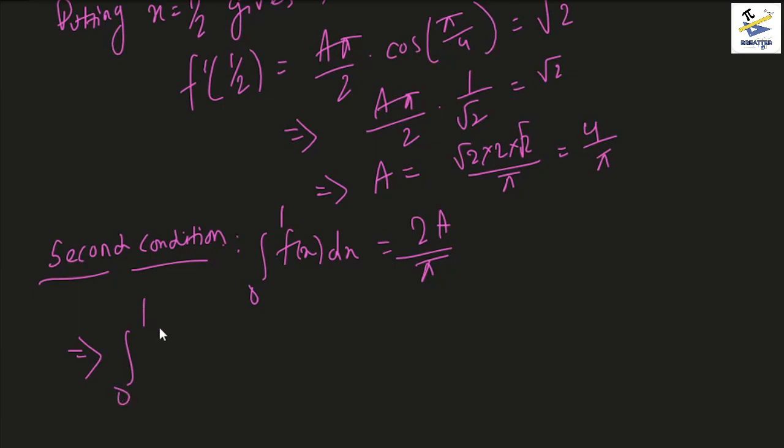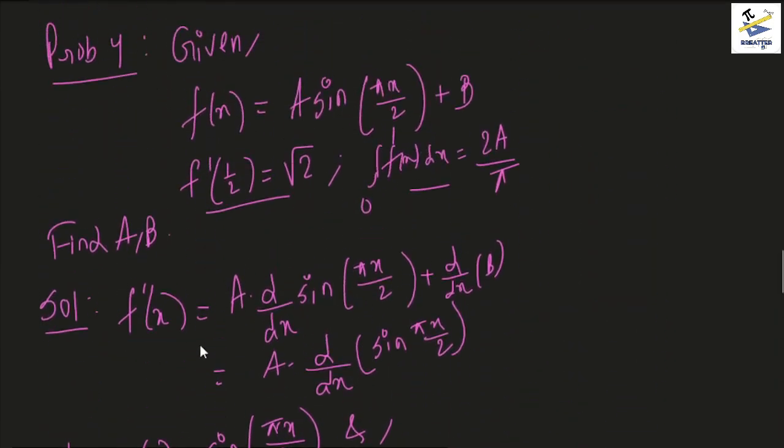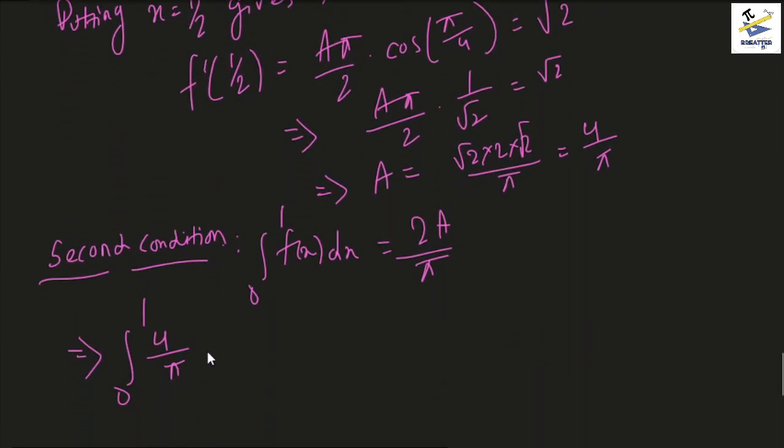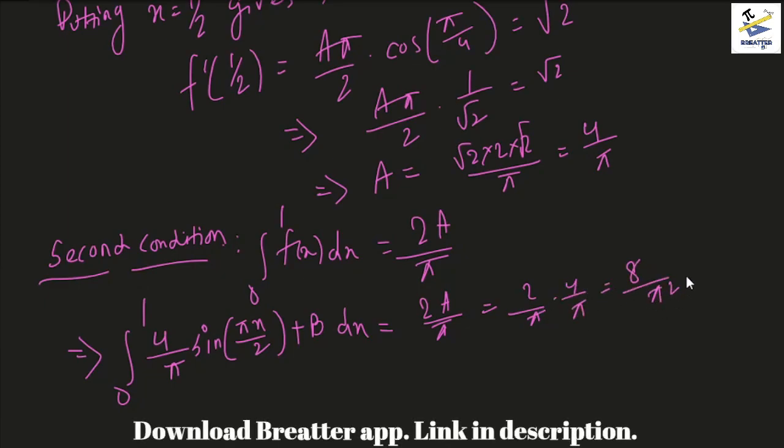We know a is 4 by pi, and the function is a sine of pi x by 2 plus b. So the integral of a sine of pi x by 2 plus b dx equals 2a by pi, which is 2 by pi into 4 by pi, which is 8 by pi square. This is the given equation.